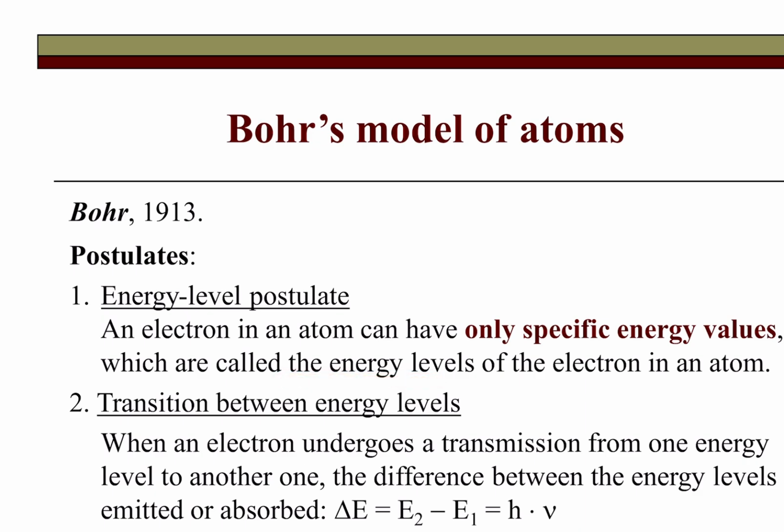The second is transition between energy levels: the electron undergoes a transition from one energy level to another. The difference between the energy levels can also be found with the Planck formula, and it can be emitted or absorbed. The different energy levels help us find how much energy is converted to emission or absorption.